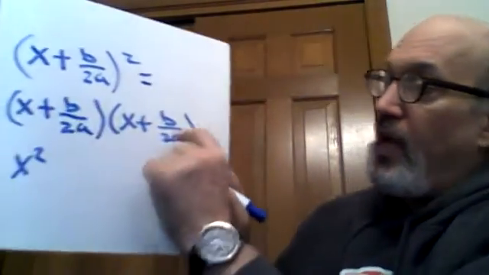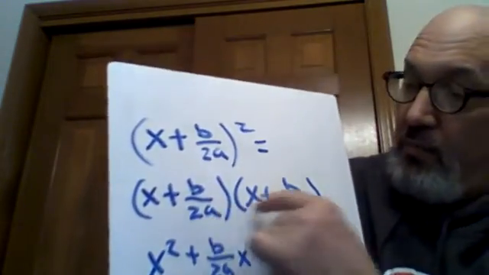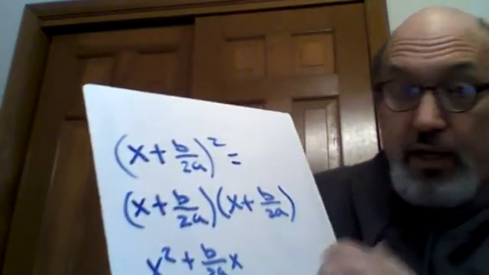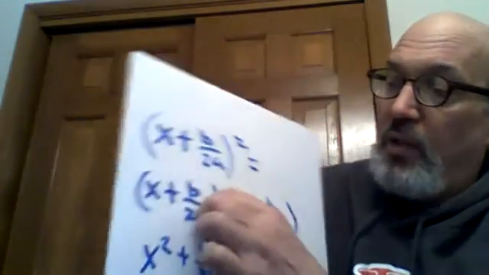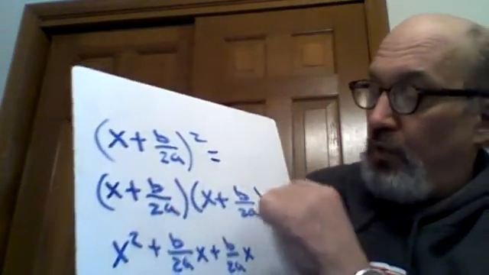This x times this b over 2a is going to give us plus b over 2a x. Now we shift to this b over 2a and multiply it by x, and we get another b over 2a times x. And then we multiply b over 2a by itself and get b squared over 4a squared.